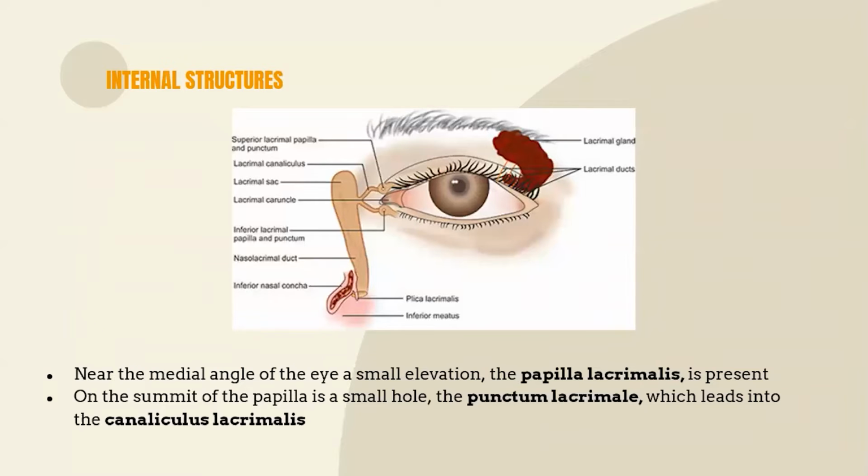Near the medial angle of the eye is a small elevation called the papilla lacrimalis. On the summit of the papilla is a small hole called the punctum lacrimale, which leads into the canaliculus lacrimalis.